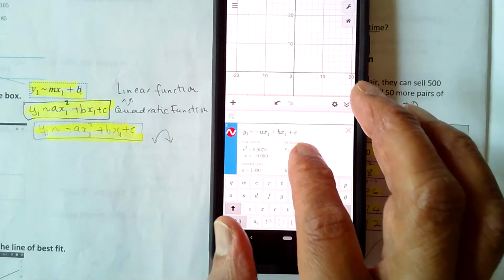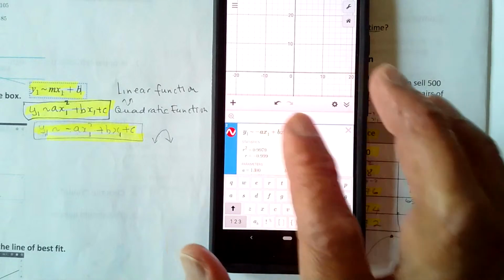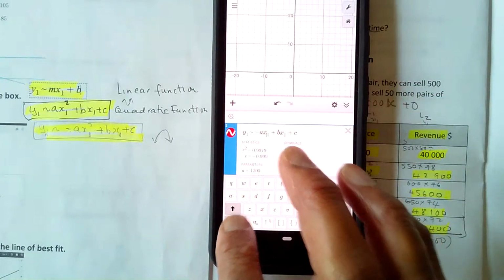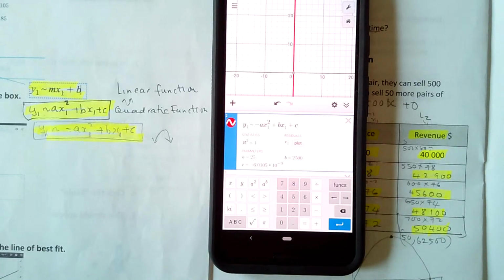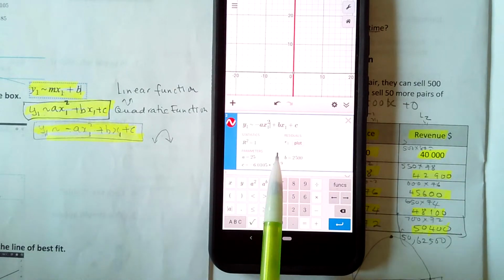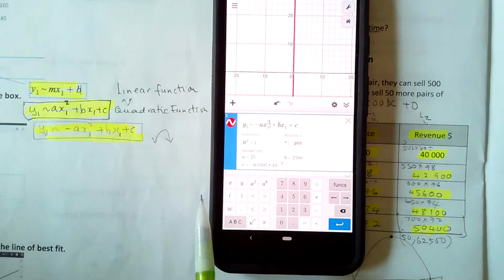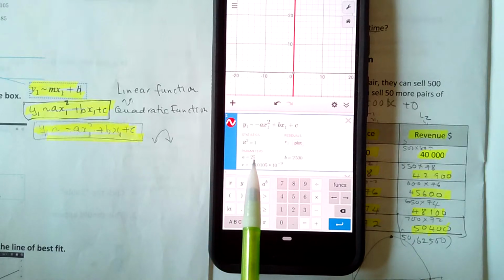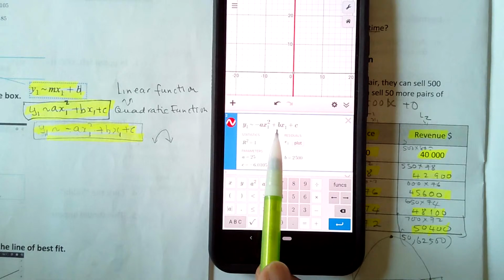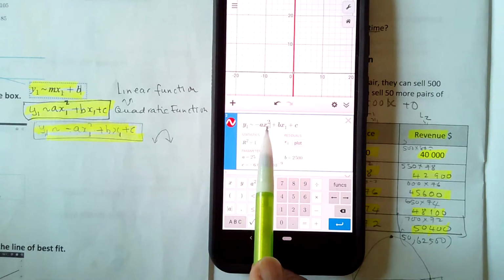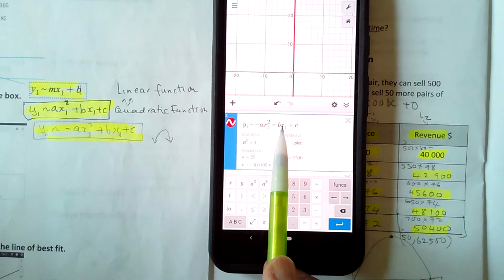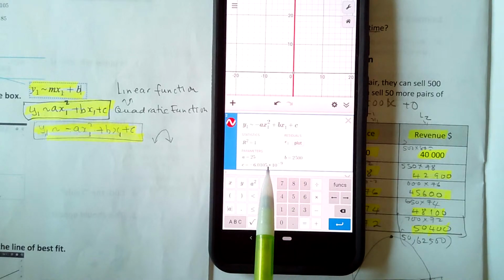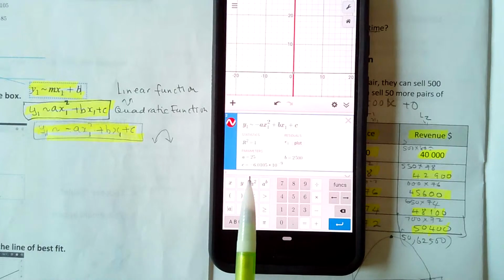Did I get my negative right? Oh no, I forgot my square there. Okay, there it is. If you make one mistake, you have to be so careful with this, because your equation will be wrong. So now it's negative 25x squared plus 2500x plus 0.